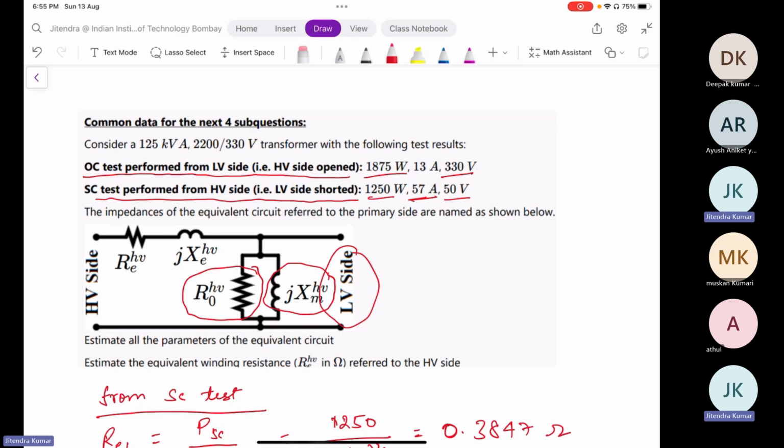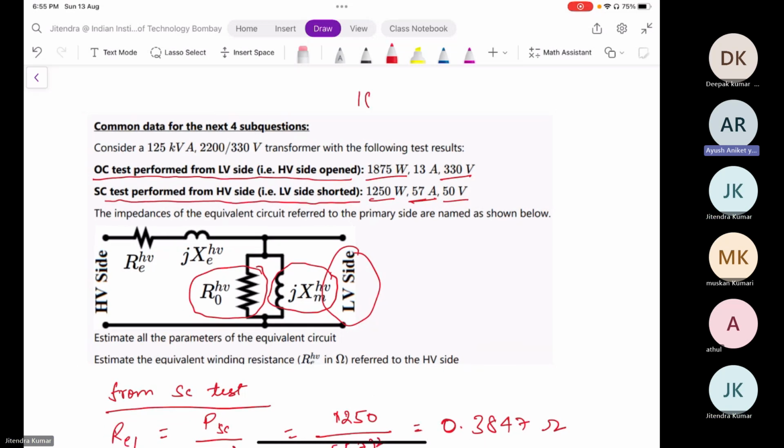But cos phi naught is not given, right? We can calculate it easily, sir, because the wattmeter, voltmeter and ammeter readings are given in this question. The wattmeter reading is the current coil reading and the pressure coil reading and the phase difference between both. Are you telling this?